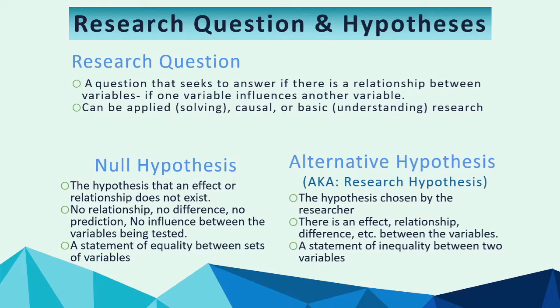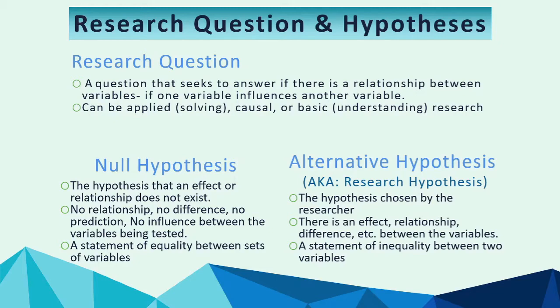But whenever a research question is asked, then there are possible hypotheses that can be answered. So a hypothesis is basically, in its simplest form, a possible answer to the research question. There are two types of hypotheses.